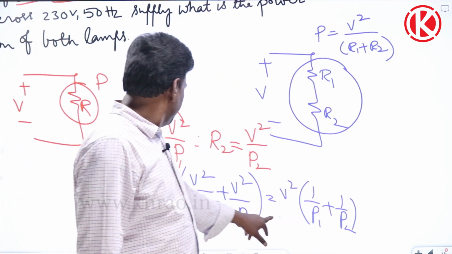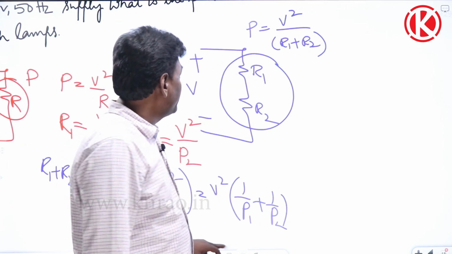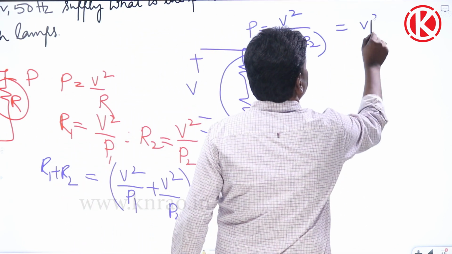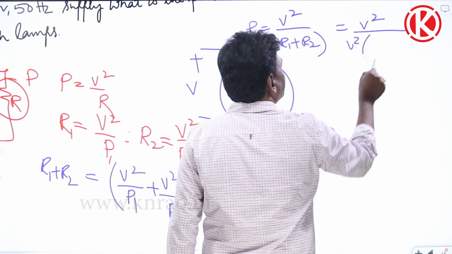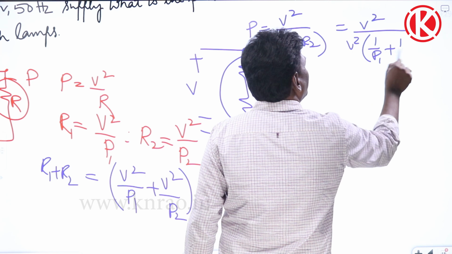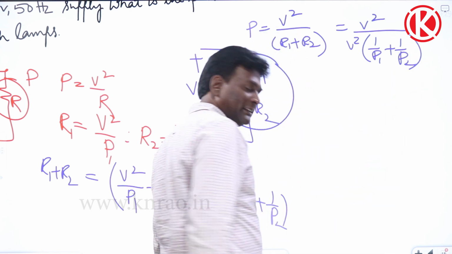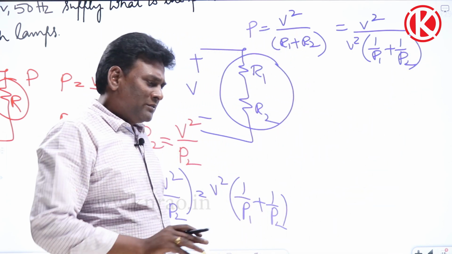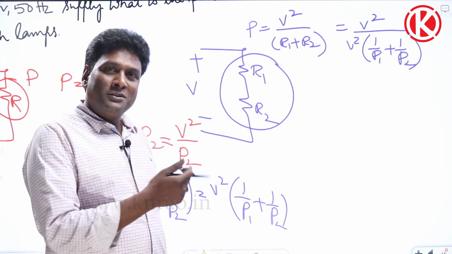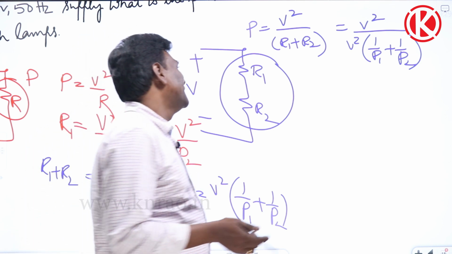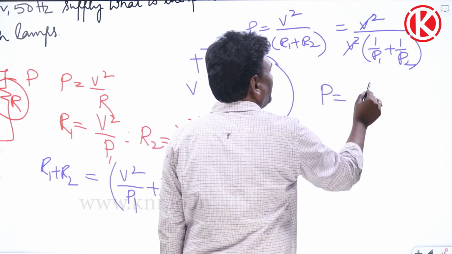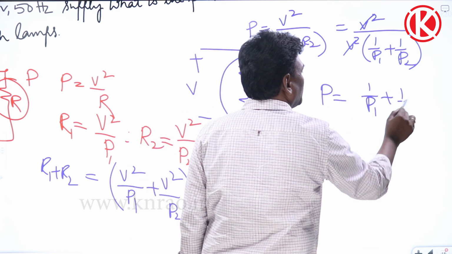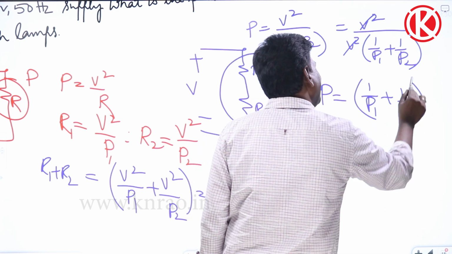Now use the same R1 plus R2. In place of R1 plus R2, if I use that, this is going to be V square divided by V square into 1 by P1 plus 1 by P2. And especially in ESE, most of the cases you don't get any paper without lamps question. Okay. Anyway, V square will get cancelled. So net power is going to be 1 by P1 plus 1 by P2, whole inverse.